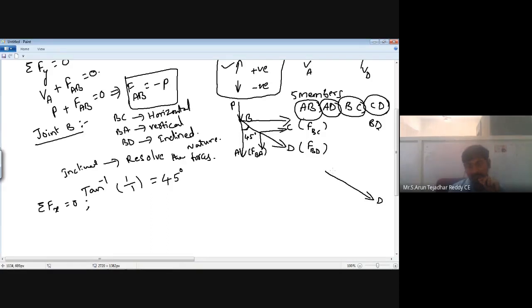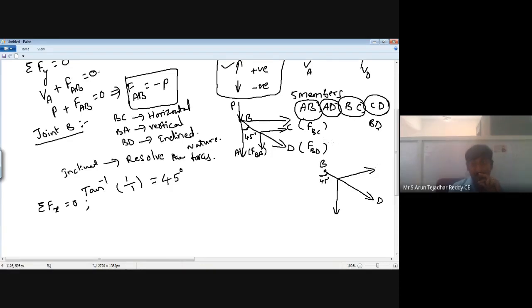This is B, and your angle is 45 degrees. Then resolve the forces, one vertical and another horizontal.